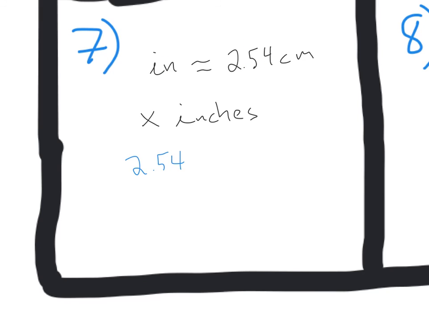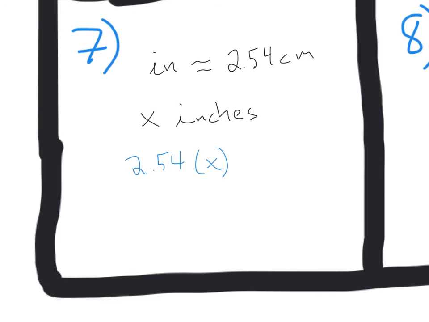And you're going to multiply that number by however many inches you want to find. So if you want to find 10 inches, you're just going to replace this with 10 and then multiply. If you want to find 5 inches, you can replace this x with 5 and then multiply by 2.54. And this expression will work really well for converting centimeters to inches.